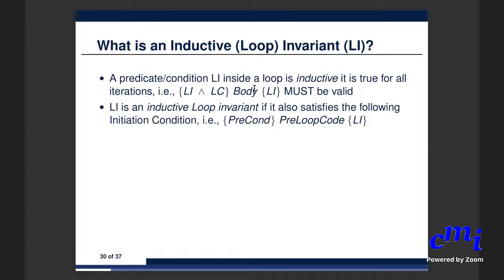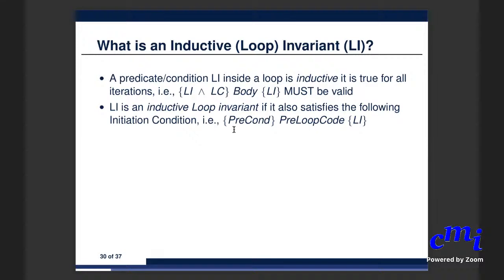Now, an inductive predicate Li is said to be an invariant if it also satisfies the initiation condition. I called it the entry check in the slide that I used yesterday. Sometimes it's also called the initiation condition. That is, the first time you enter the loop, the predicate Li has to be true.